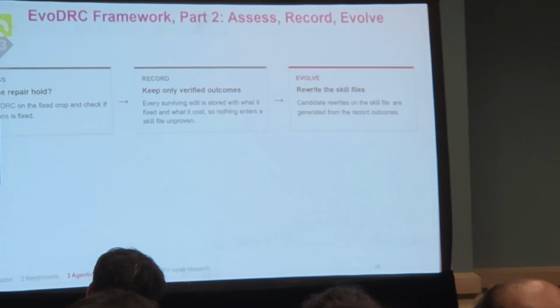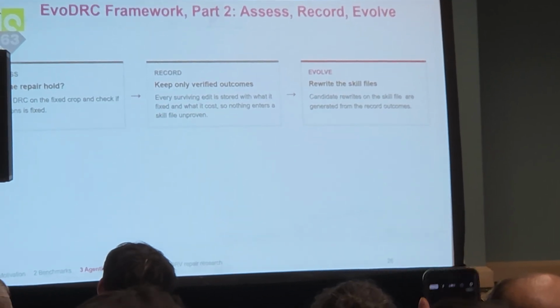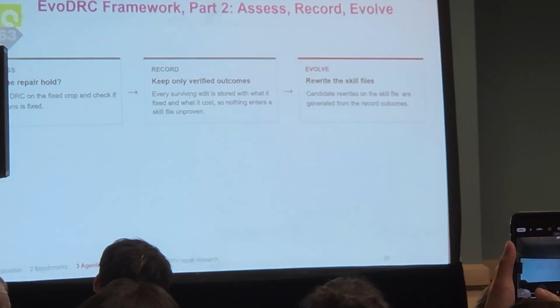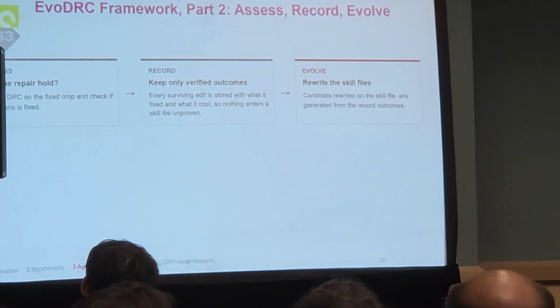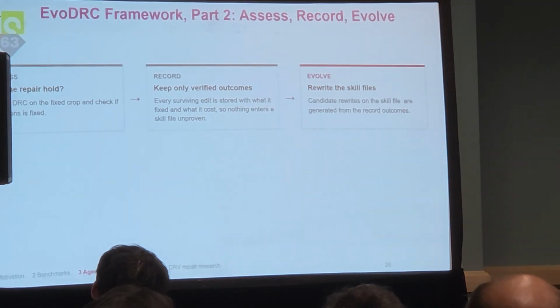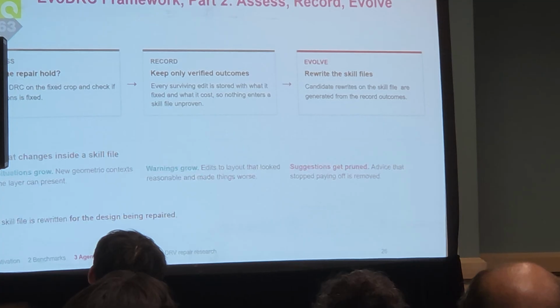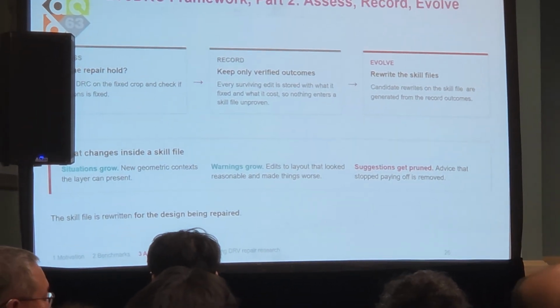What happens at each iteration with the crop? After each crop is repaired, Evo DRC runs DRC analysis on that crop and also checks for connectivity. It then records only verified outcomes: what the edit fixed, whether it introduced new violations, and what cost it incurred. Finally, it evolves the skill files using those recorded outcomes.